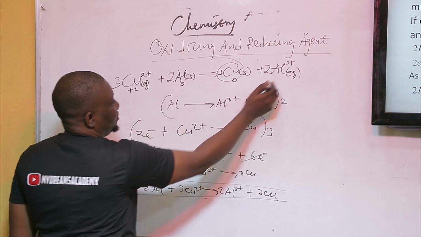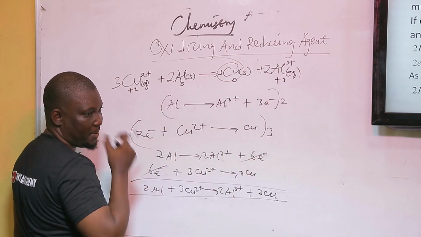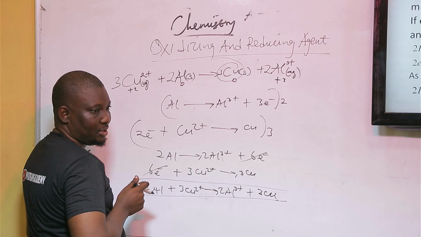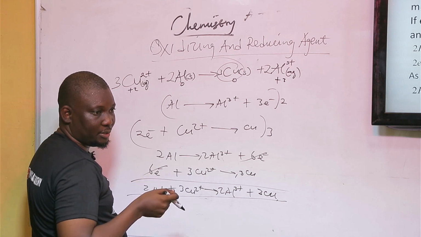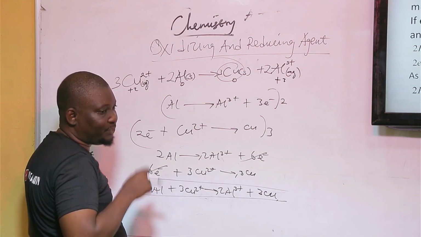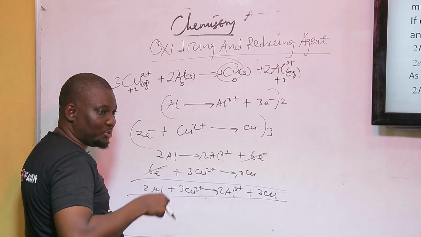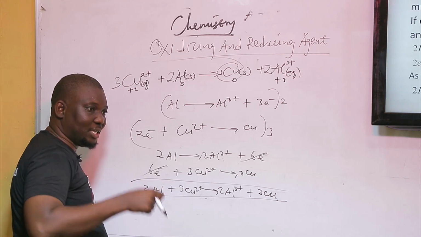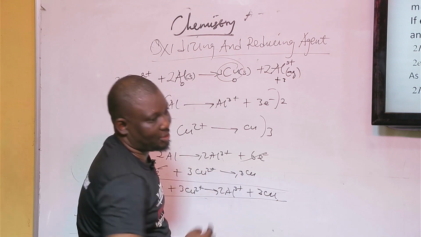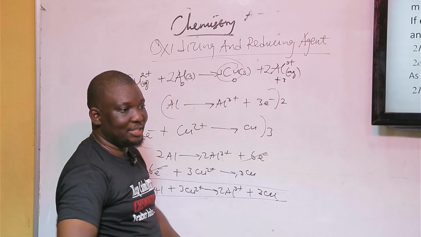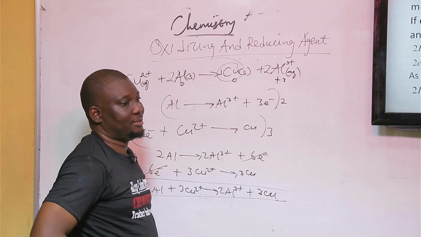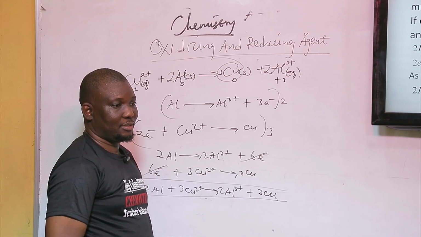Why? 0 to plus 3, oxidized. They may ask you in the exam, electron flows from where to where? Electron flows from aluminium to copper, because aluminium is the electron donor in the reaction, being a reducing agent. Does it follow?